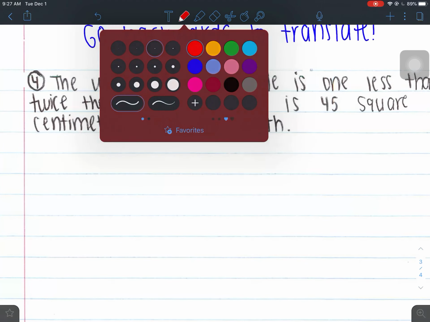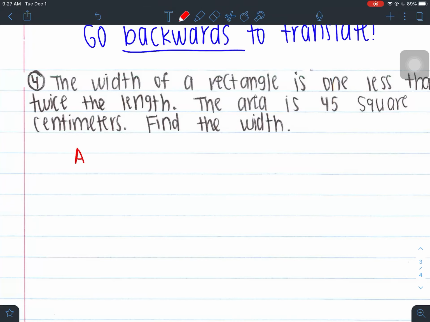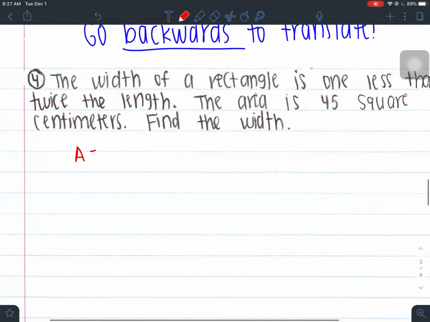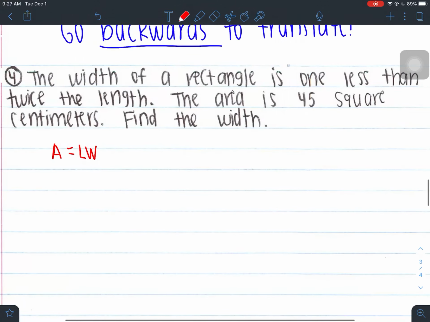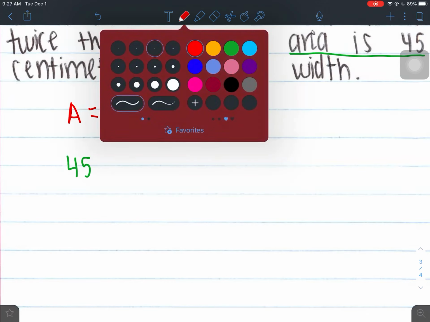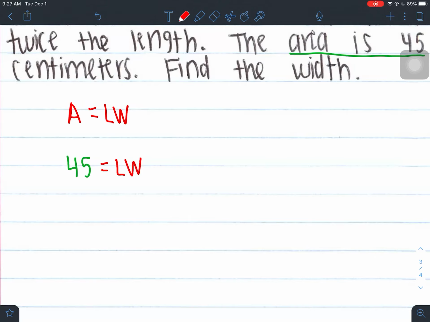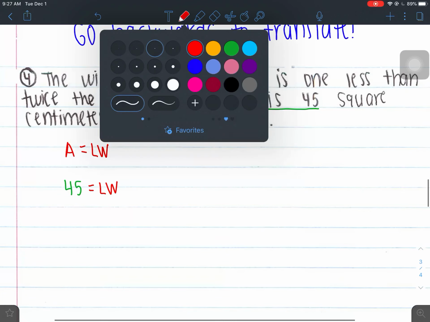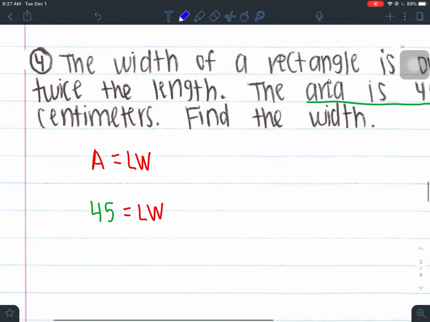All right, so again, we know that the area is length times width. But they also told us that the area is 45 square centimeters. So we already know that the area is 45, so let's go ahead and plug in what we know. Area is 45, so 45 equals LW.